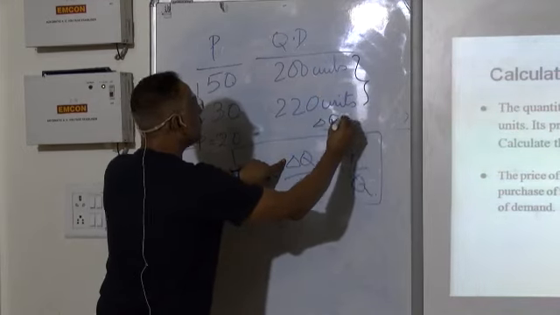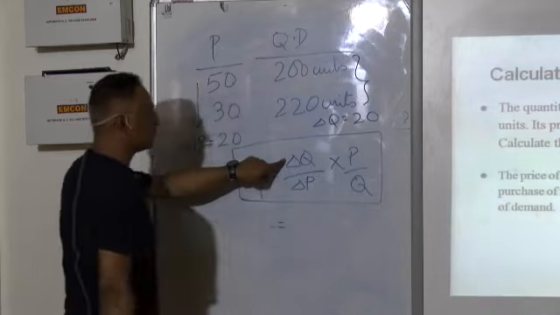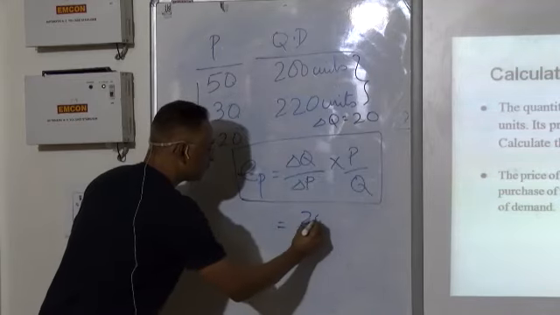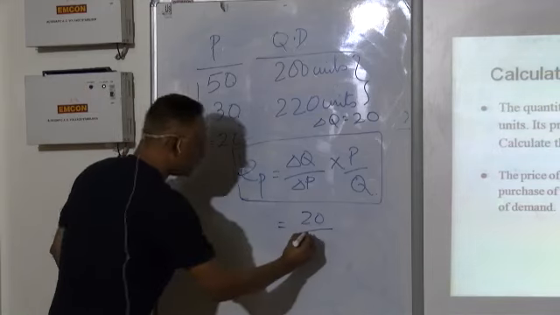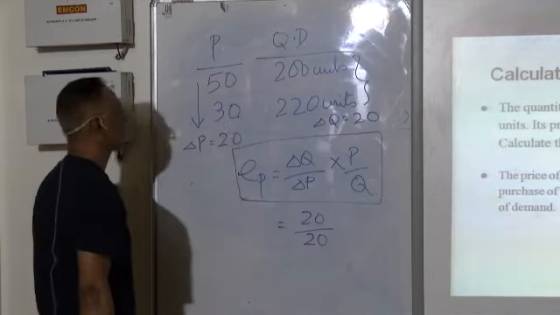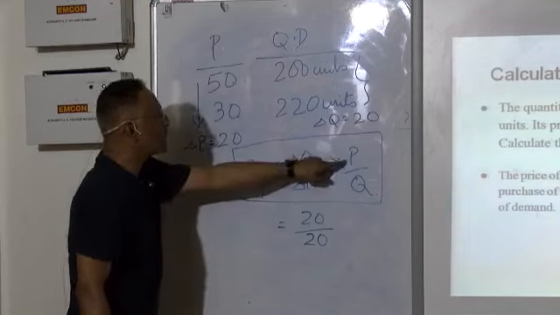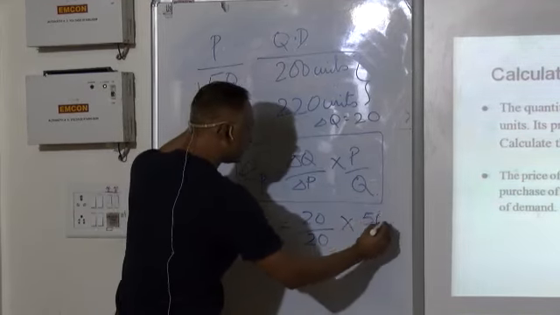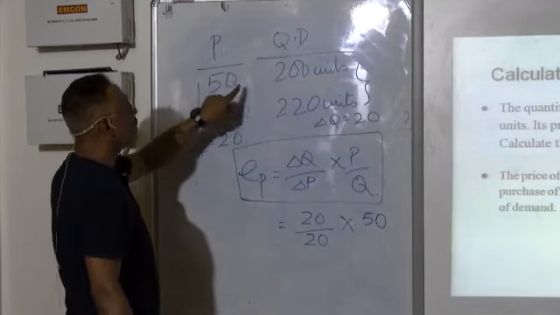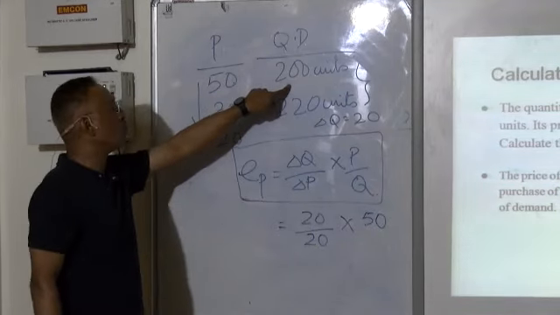Delta Q has changed by 20. The price has changed by 20. The original price P was 50. And the original quantity demanded was 200.